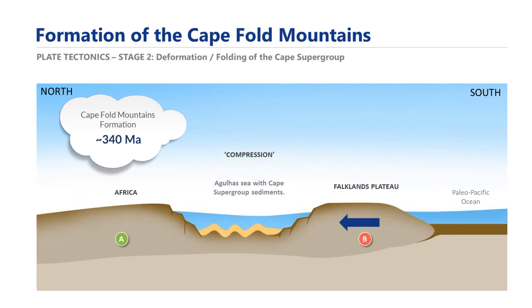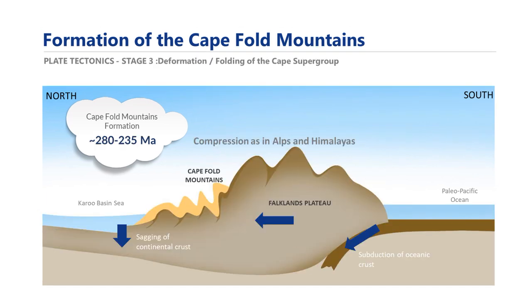So at that stage, this was starting to really push, started to form a sinking trough here. The Falklands was moving to the north. All these Cape sediments were being compressed and folded and eventually pushed up.